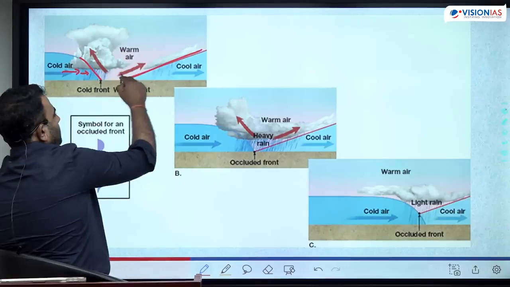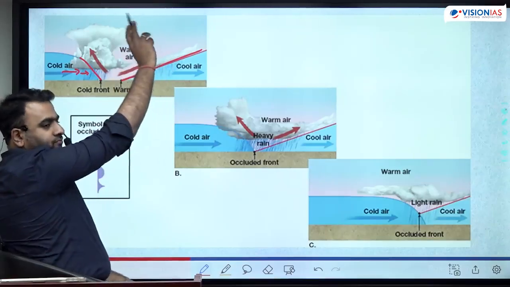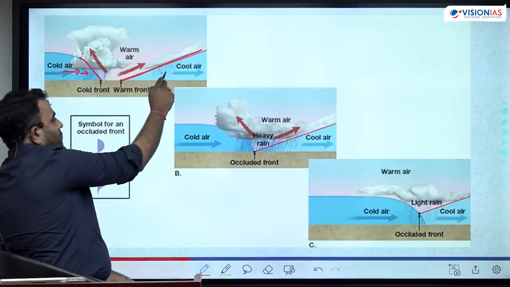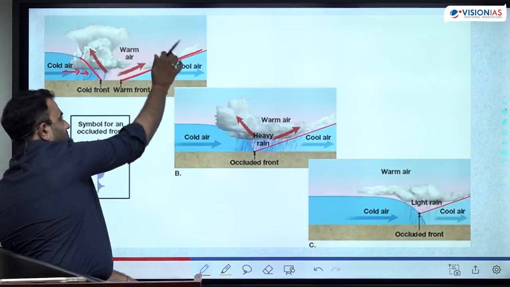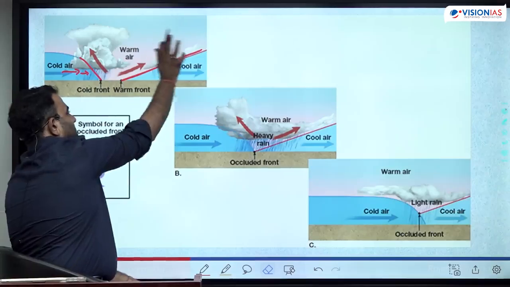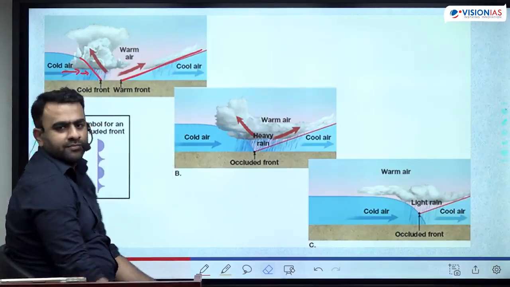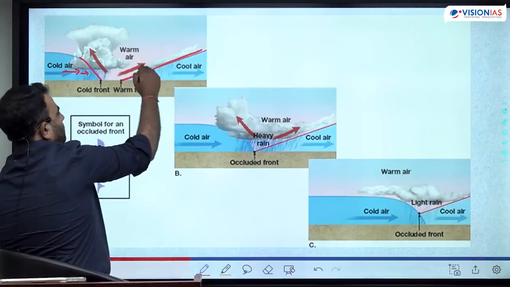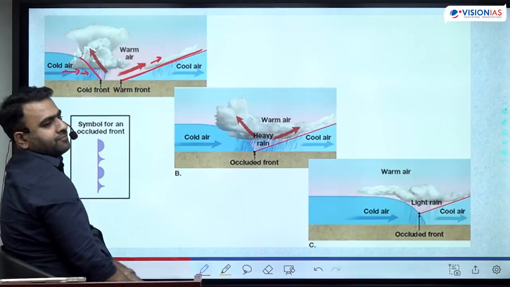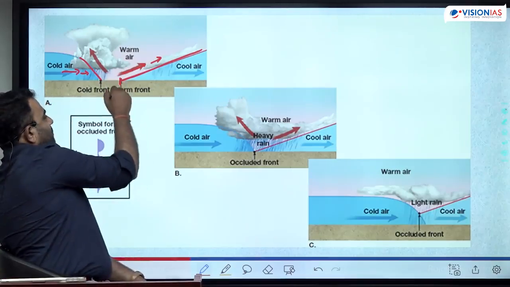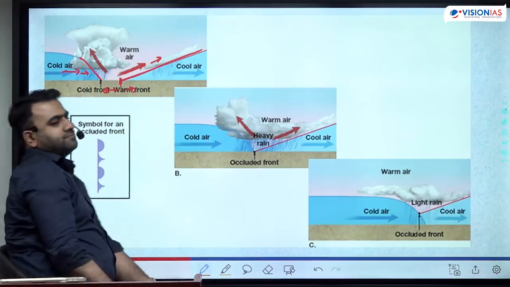On the other hand, here the warm air mass is rising. Imagine the cold air is moving in this direction, or it is totally stationary. That is what is warm front. Warm front is decided based on the movement of warm air. Will this front move in this direction or this direction?